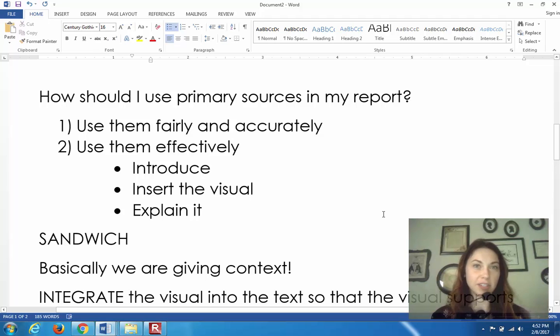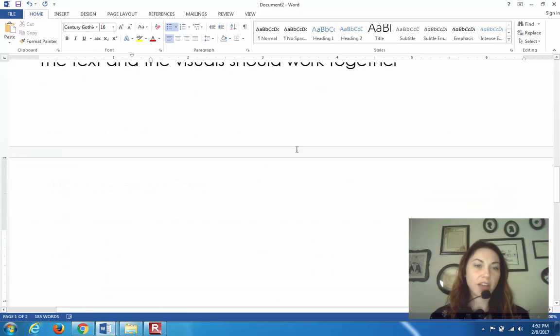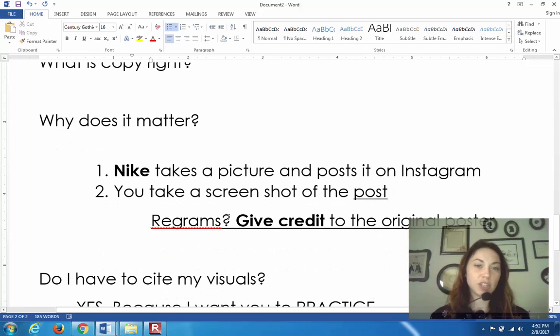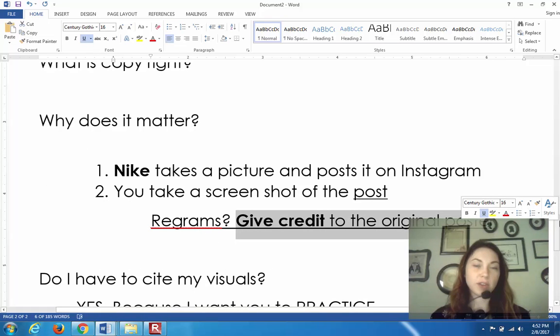If you're representing that information in a graph, you want to make the graph correctly. And you want to introduce and explain your visuals. While you're introducing and explaining your visuals, you want to give credit to whomever posted it and wherever you found the image. And if you do all of those things, then you will be using your images effectively.